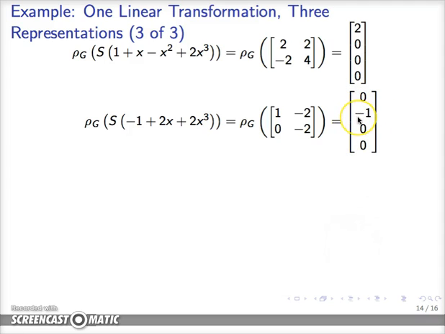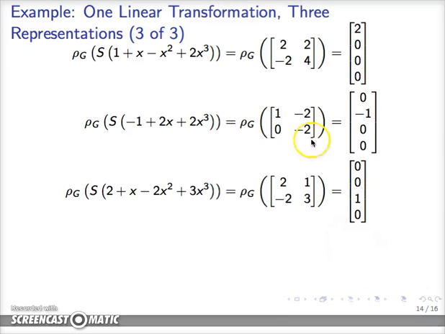We just need a -1 for the second matrix. By evaluating the next element of that basis of P3, we obtain this matrix: 2, -2 in the first column, 1, 3 in the second column, and the coordinates for these relative to the basis G are given by 0, 0, 1, and 0, right?